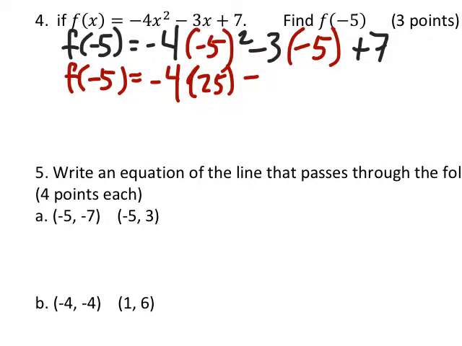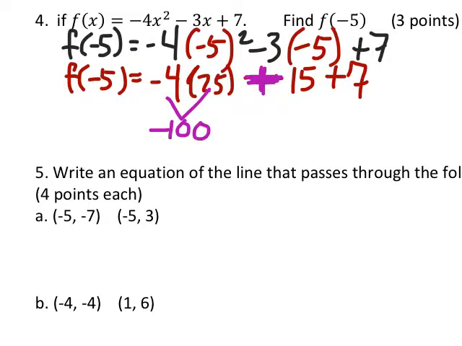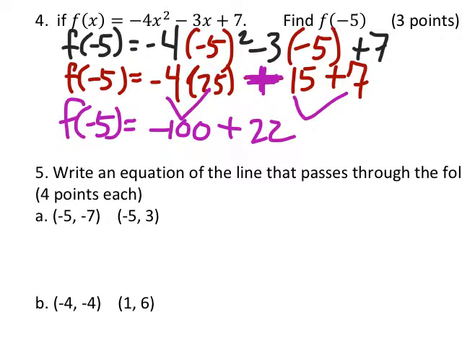And I can subtract this from 3 times negative 5, negative 15, plus 7. Now that negative 15 means we're going to do the opposite of subtraction, so I'm just going to make that a big plus sign. And right here we can see negative 4 times 25 is negative 100. And then I've got 15 plus 7, which would give us 22. So as it turns out, it looks like f of negative 5 equals negative 78.